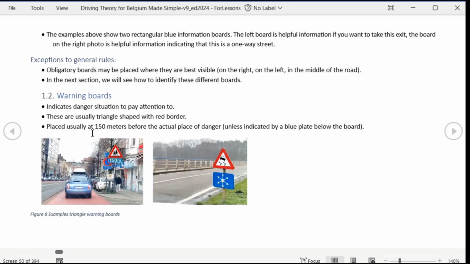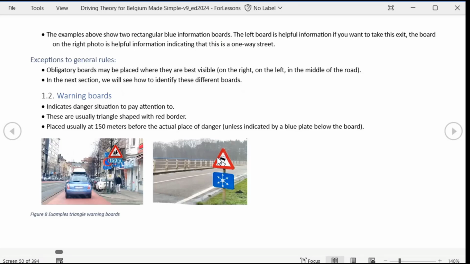Now let's see how we identify these different boards. We will discuss those 6 types of boards. Let's start with a warning board. A warning is danger. Red color is danger, so a warning board also has a red border.